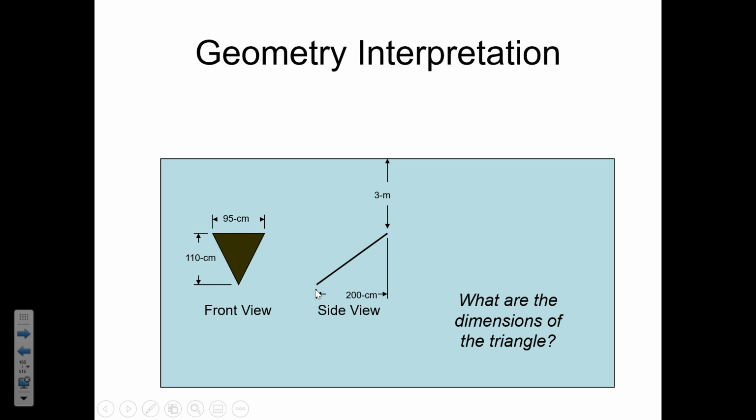I guess obviously this isn't to scale because I drew one line longer than the other, but I think what you can see is that you would find the actual physical length of that triangle from the top to the bottom by taking the square root of the sum of the squares. So 110 centimeters squared plus 200 centimeters squared, and take the square root of that. So L, the physical length of that, would be 228.25 centimeters.